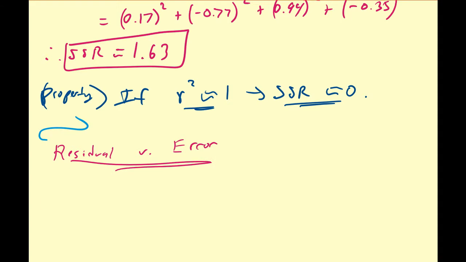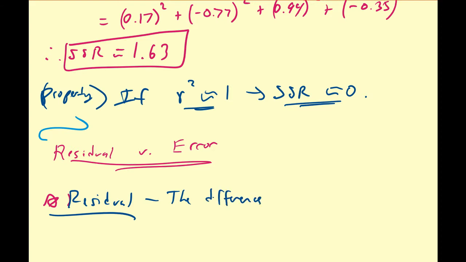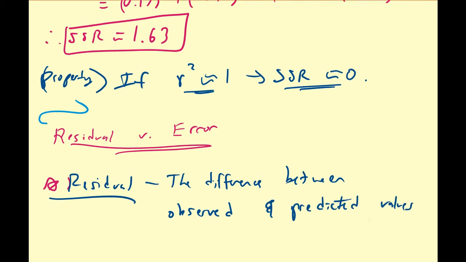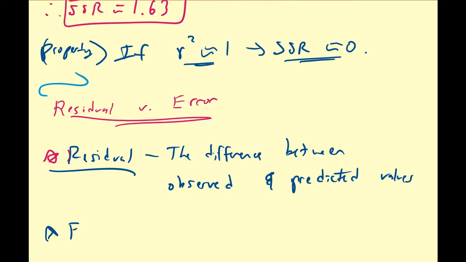Remember, a residual is the difference between observed and predicted values, whereas error is the difference between observed and true values.